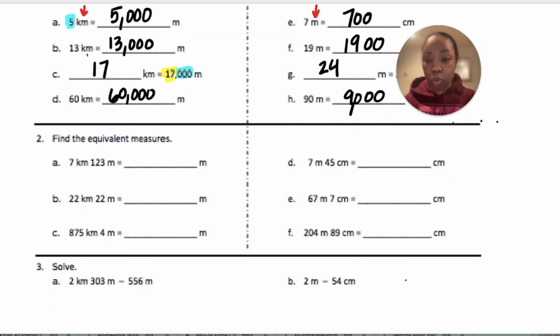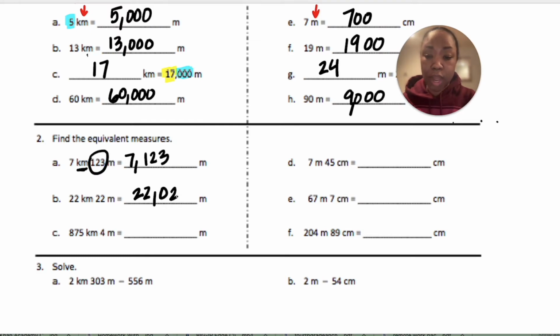For number 2, we need to make the equivalent measurement. So I have 7. Remember that kilometer is 1,000. So I have 7,000. And then how many are left? 123. This would be 7,123. Then 22,022.